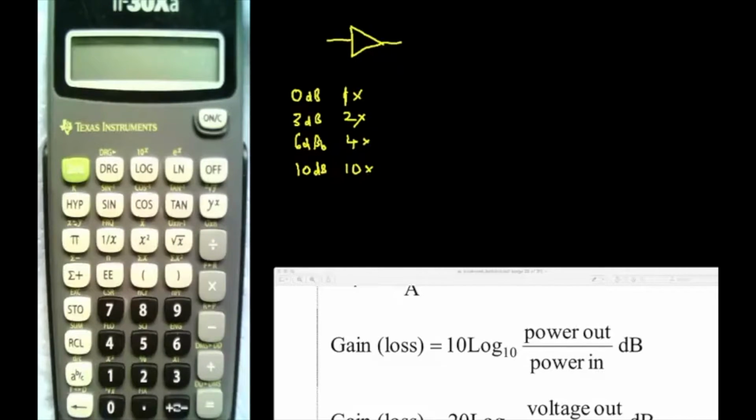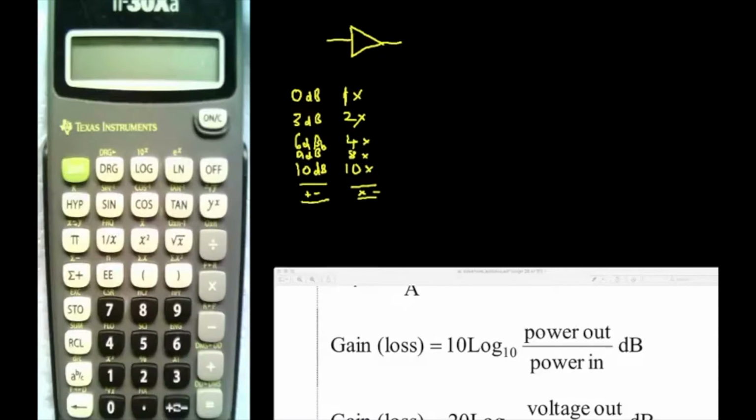So I can write that one in here. 9 dB is 8 times. So the rule then is that you add and subtract dBs and you multiply and divide linear ratios. And the formula you see on your sheet is for working out dBs from linear ratios.